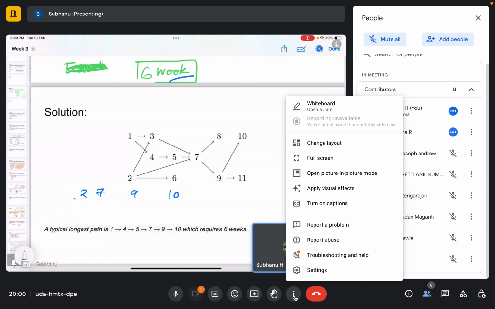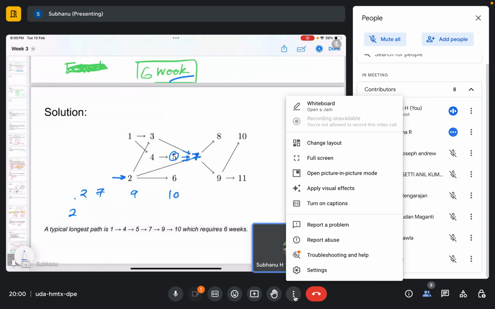In this case, if you start from here, you'll be going to 7. For 7, because it has incoming edges, you have to come here, you have to write 5.